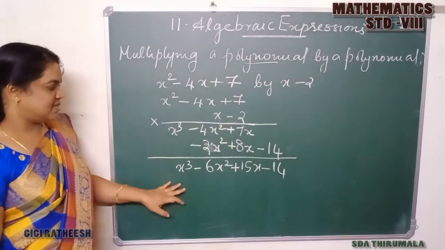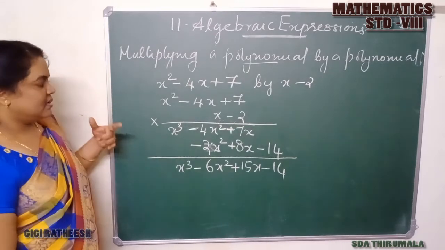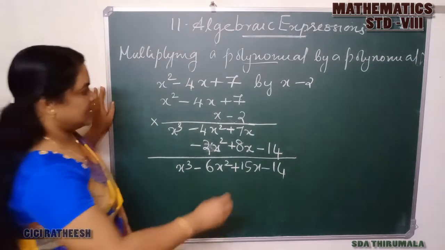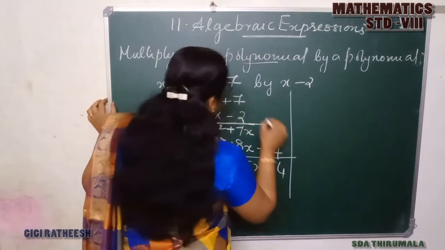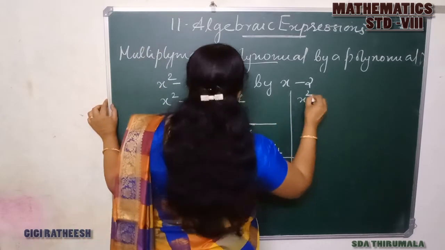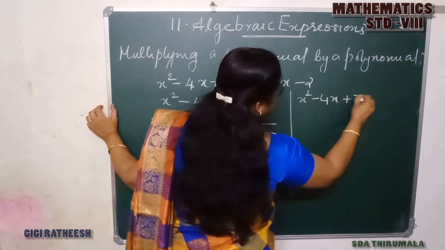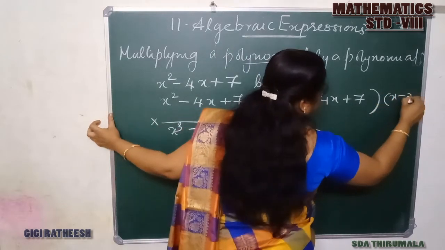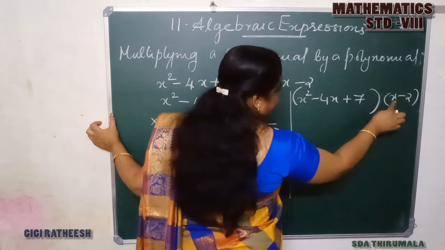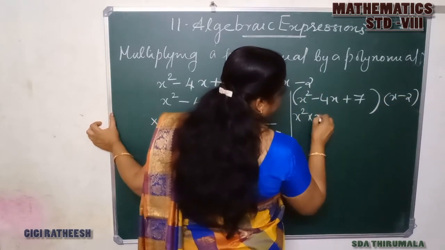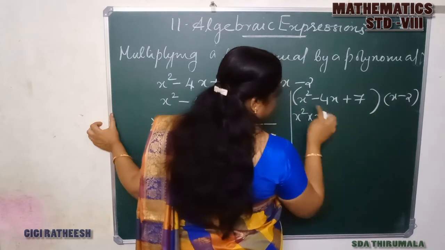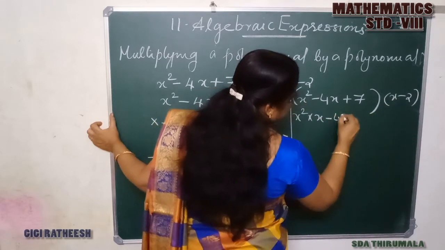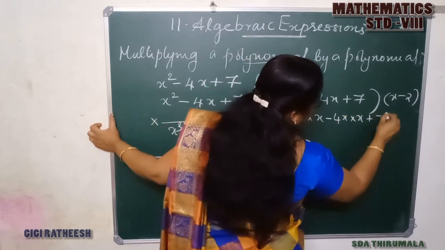This is the answer. With the alternative method, how can we multiply this? That is x square minus 4x plus 7, using a bracket, multiplied by x minus 2. That is x square into x, multiplying the first x inside this, minus 4x into x, plus 7 into x.